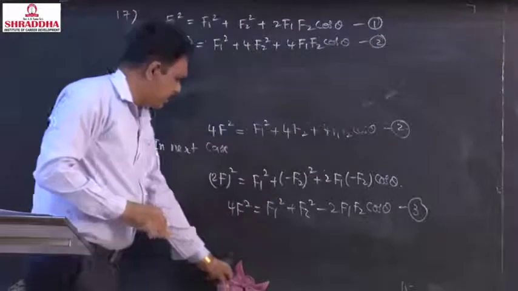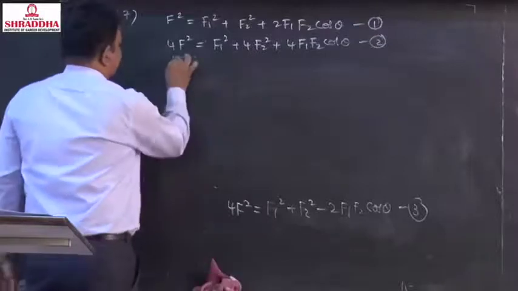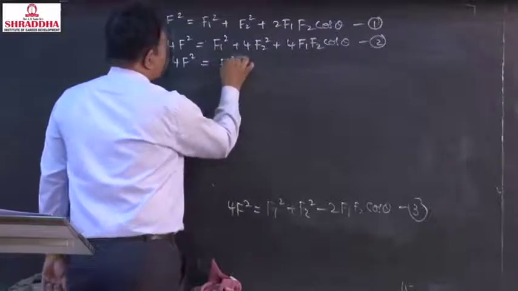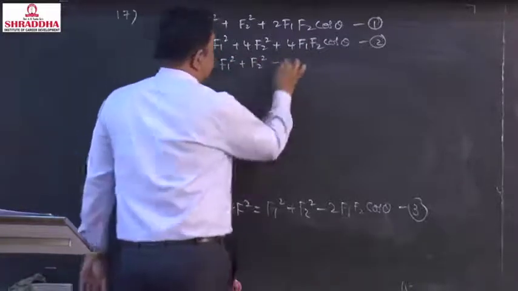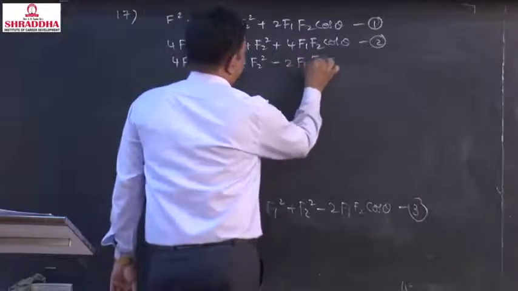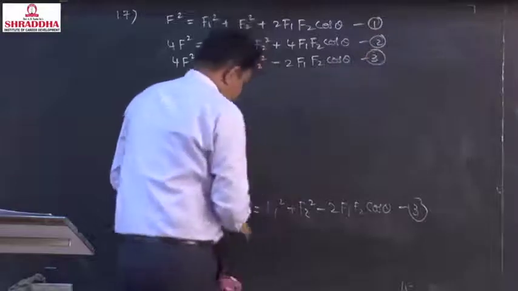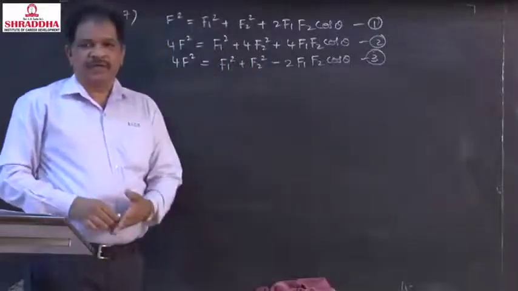It will be the second equation. Next, third equation, 4F square is equal to F1 square plus F2 square minus 2F1 F2 cos theta. This is the third equation. These are the three equations we got up to now.